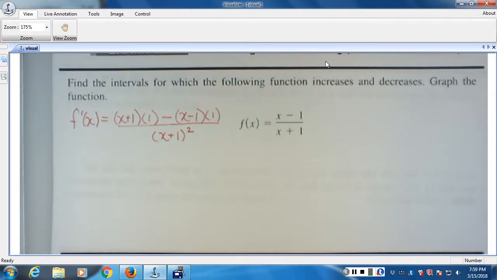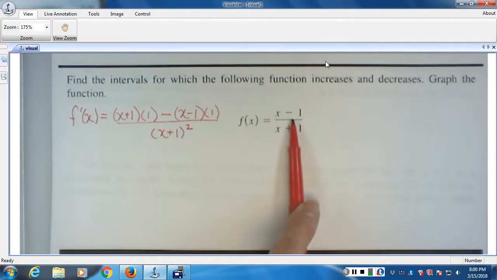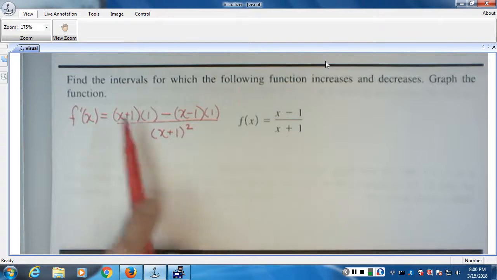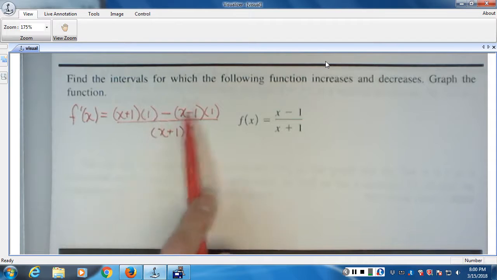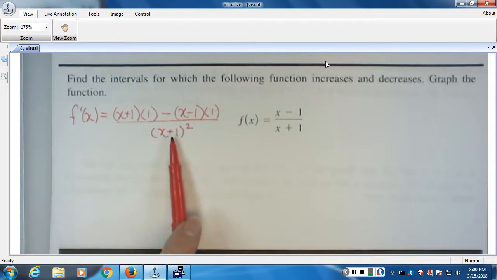There's actually a little rhyme that my calculus students used to make up for this. And you have to think about why it makes sense. This is high, and this is low. Okay? So this is low d high, low times the derivative of high, low d high minus high d low over low squared.